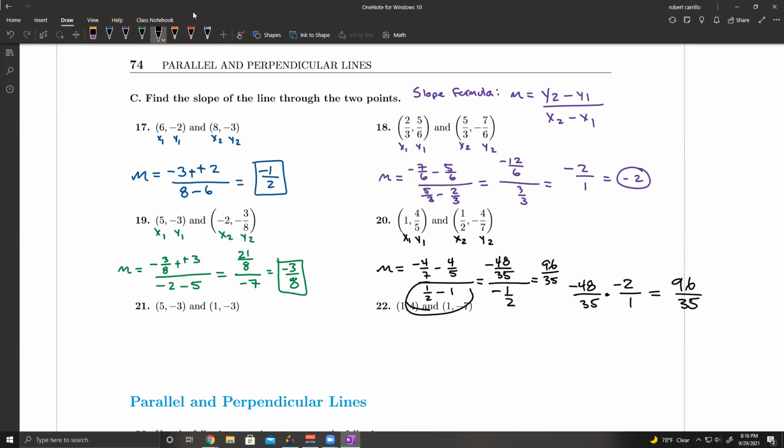So this part became the negative 1/2. So it is 1/2 minus 1.